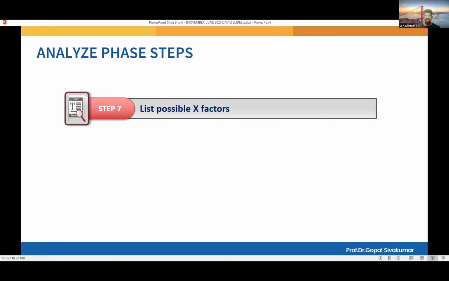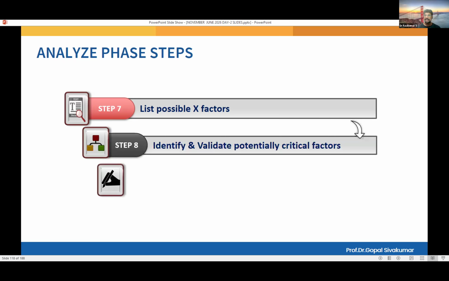So once you list out the possible causes, the next step is identifying the potential causes. Potential causes are the ones which have the ability to influence and create a similar problem, or which can create a disaster to the process. Whether that potential cause is directly connected with the problem or not, we have not decided yet.